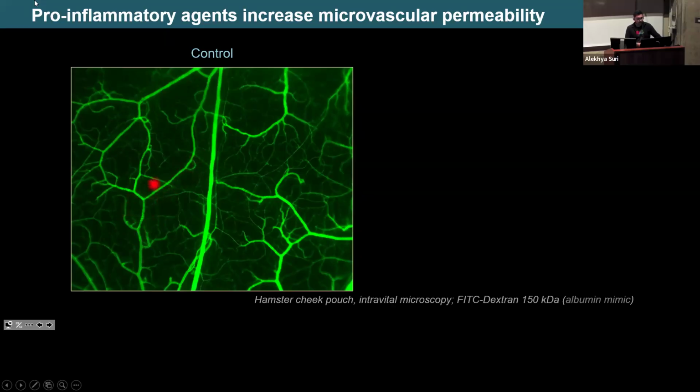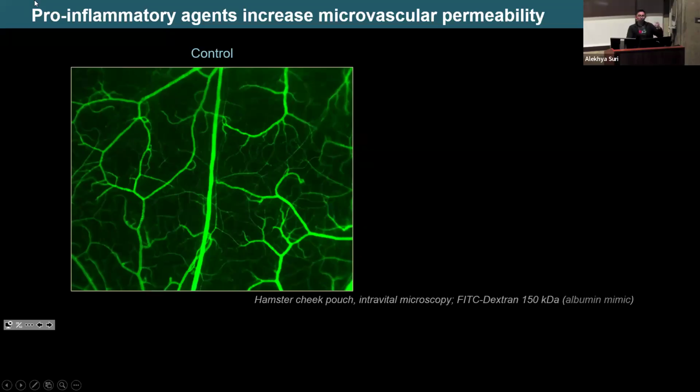And those are mostly post-capillary venules. And in the background, the tiniest things that look really faint, those are capillaries. So this is the control situation. We haven't really stimulated with anything.